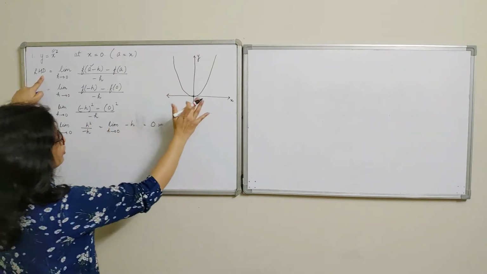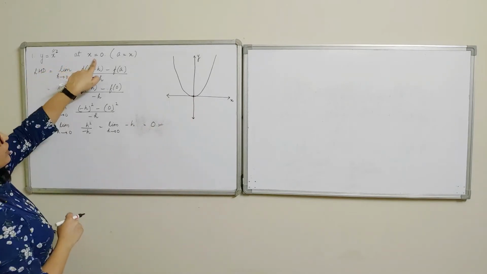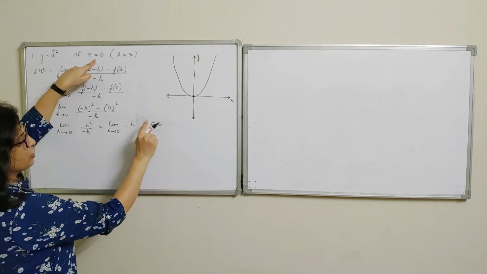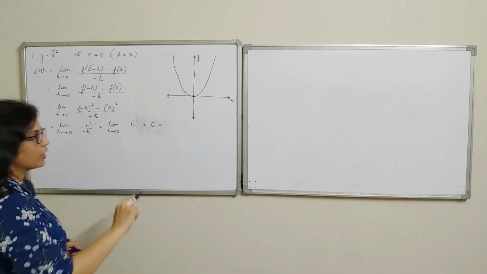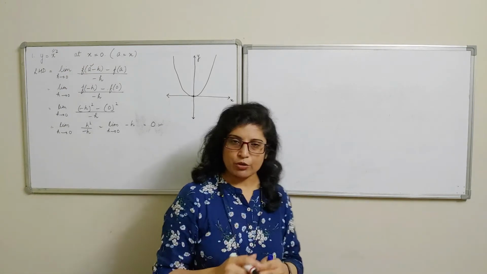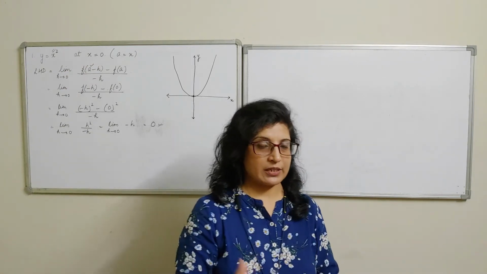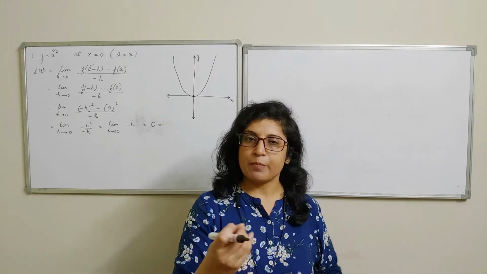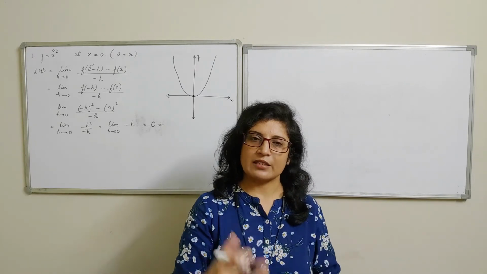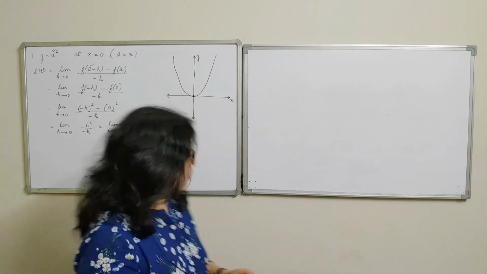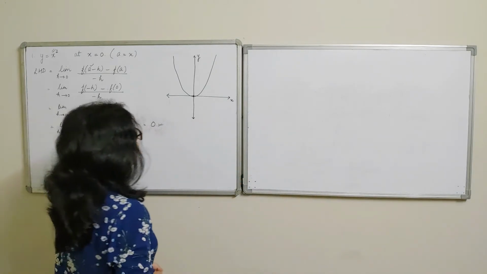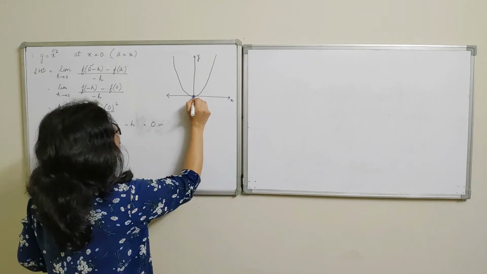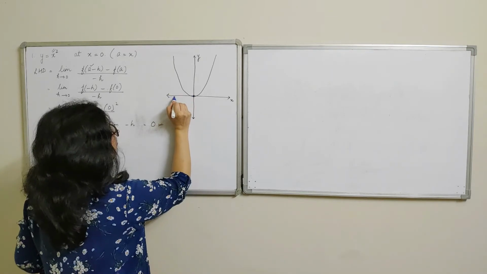Alright, so geometrically what is going to happen here? At the point x is equal to 0, there is a tangent whose slope is exactly equal to 0. If the slope of a tangent is 0, that means the tangent is parallel to the x-axis. Now since this tangent is passing through x is equal to 0, the x-axis itself is the tangent. So here I am going to draw a tangent which is passing through this like this.